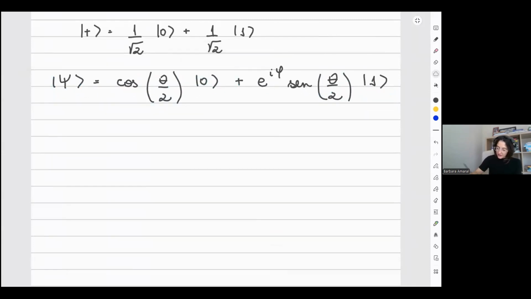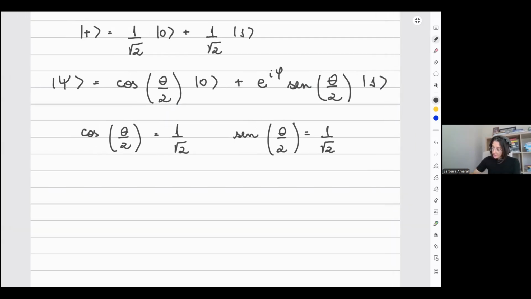So we need cosine of theta over 2 to be equal to 1 over square root of 2. This has to be 1 over square root of 2 as well.